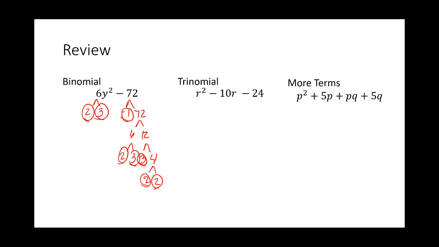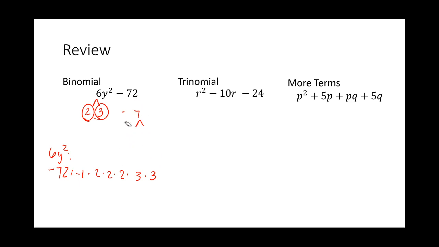Okay, now I can make my table. 72 is -1 times 2 times 2 times 2 times 3 times 3. Okay, so we're done with that.